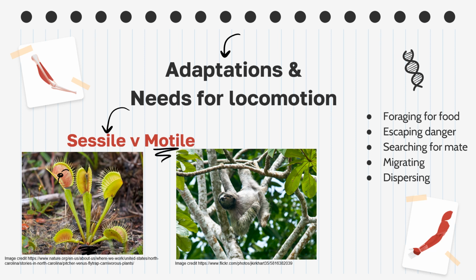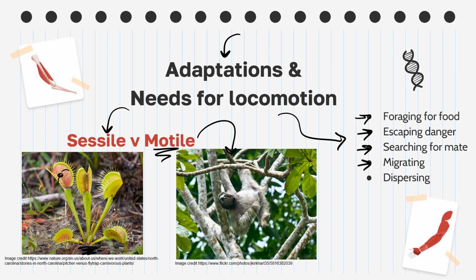We're going to talk more about motile animals like this lovely sloth. It doesn't move fast, but it definitely does move. Why do organisms need to move? Our needs for locomotion include foraging for food. Of course, we need to go and find snacks. Escaping danger: if you are prey, you want to get away from that predator. We definitely move to search for mates.